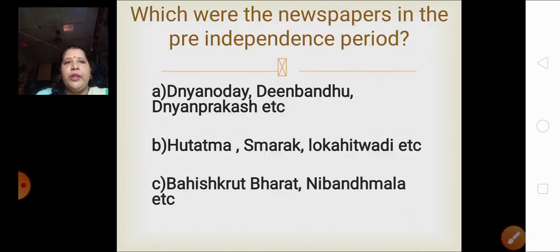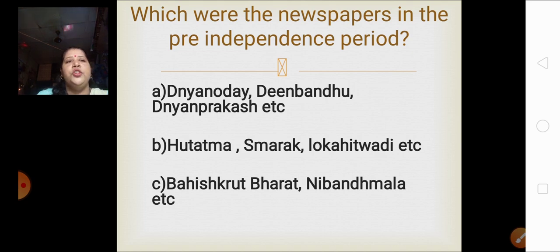Which were the newspapers in the pre-independence period? Jnanoday, Deenabandhu, Jnana Prakash, etc. And Hutatma Smarak, Lokhitwadi, etc. And Bahishkrut Bharat, Nibandhmala, etc. Which were the newspapers in the pre-independence period? Yes, correct.